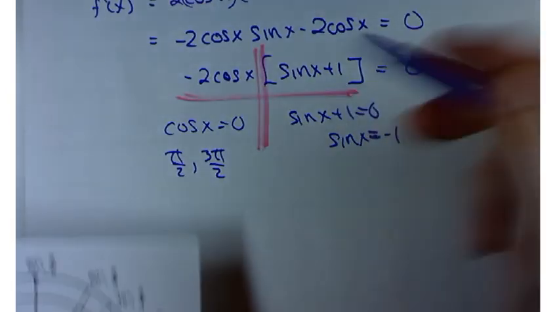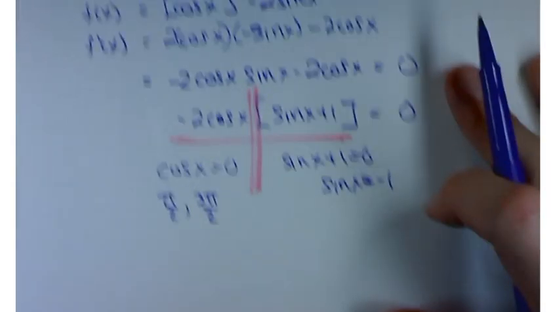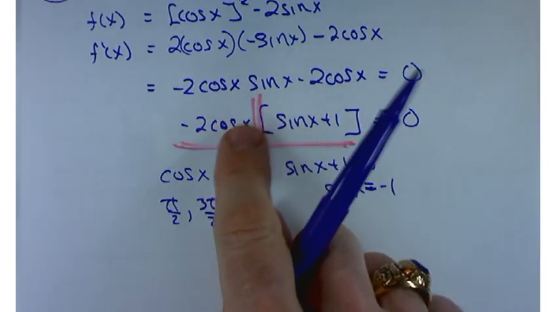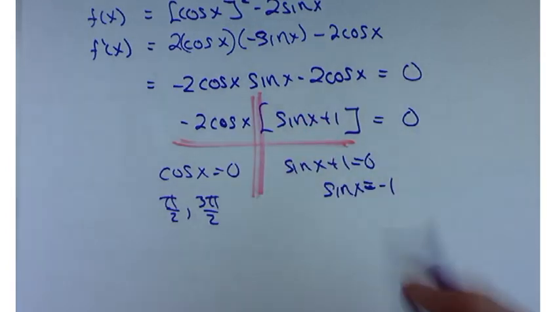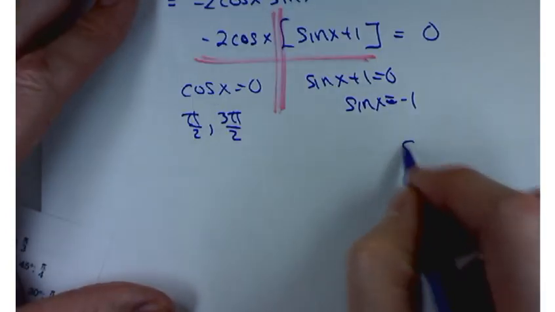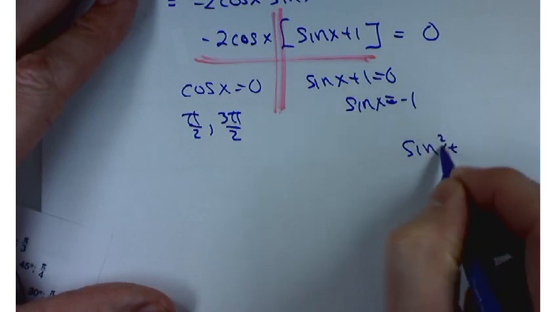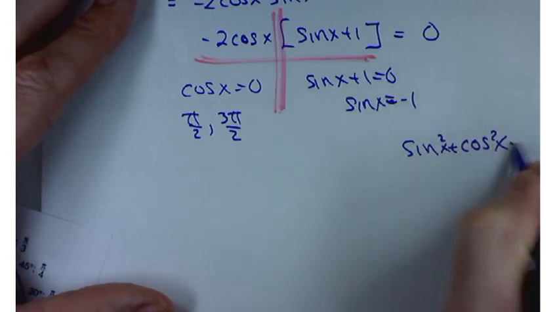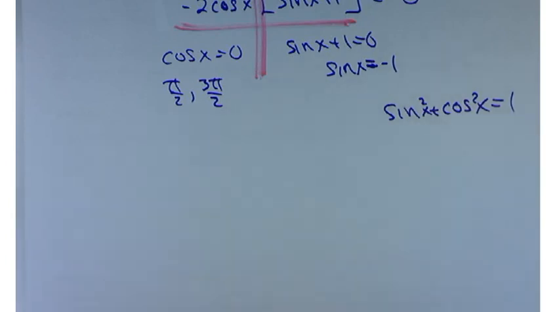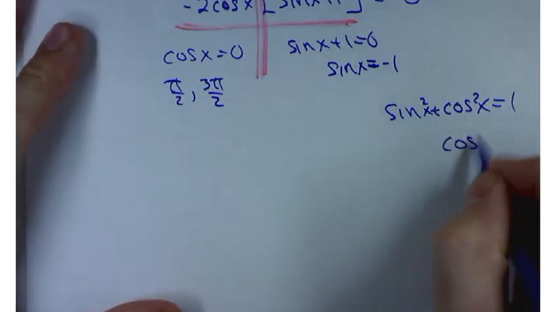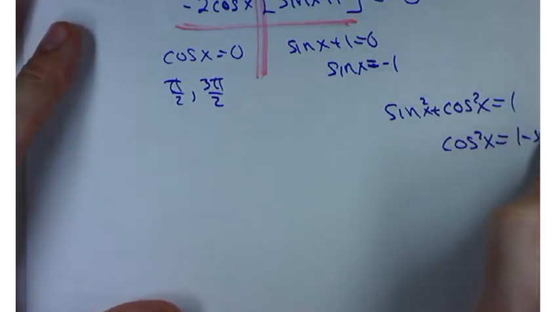Now, the second derivative is a lot more work. You got to use the product rule. You also eventually got to use the idea that sine squared plus cosine squared equals 1, and then make a substitution. I forget which way. Let's see. You have to make a substitution of cosine squared of x equals 1 minus sine squared of x.